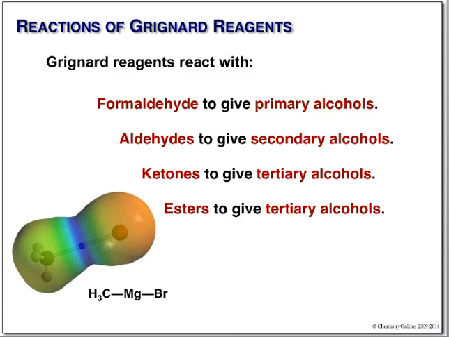If we react a Grignard with a ketone, we get a tertiary alcohol. And if we react it with an ester, we'll see we also get a tertiary alcohol. We'll look at that in a minute. We wind up with Grignards, with either primary, secondary, or tertiary alcohols. Only time you'll get a primary is with formaldehyde.